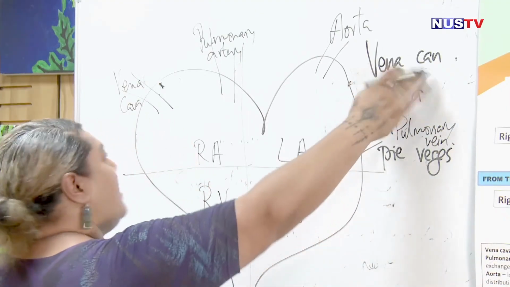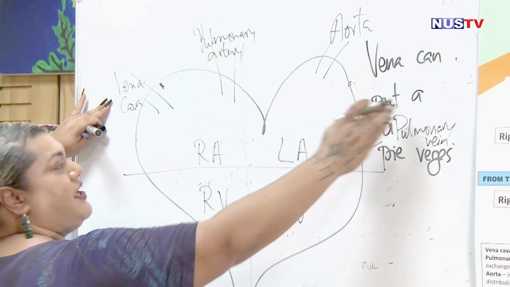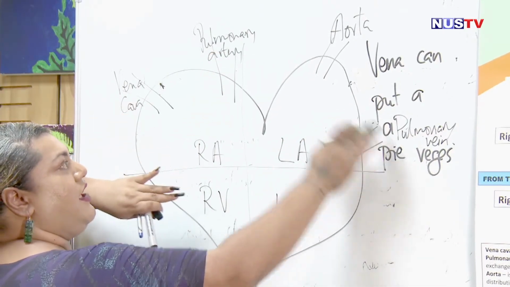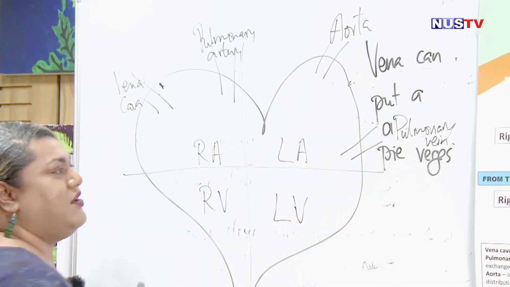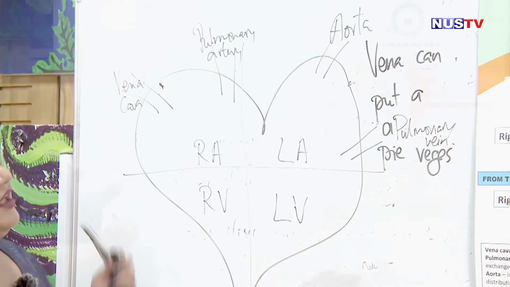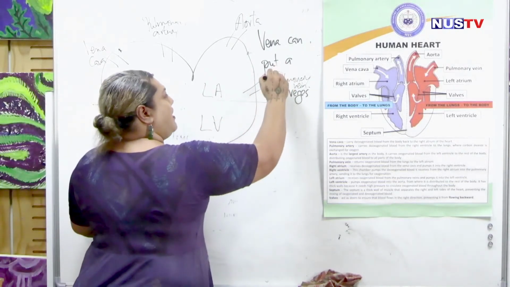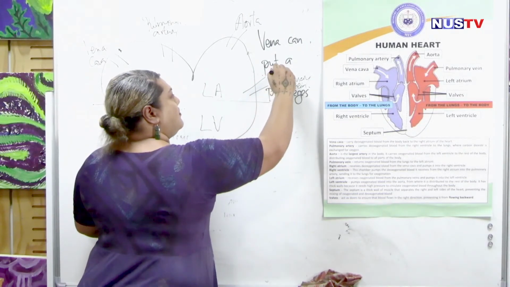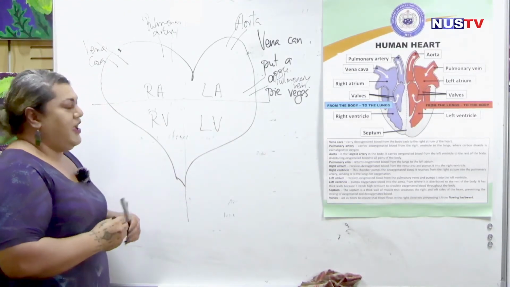Good. Vena cava, which is Vena cava; pulmonary artery puts a aorta, pie veggies, which is your pulmonary vein. Vena cava puts a apple pie veggies.